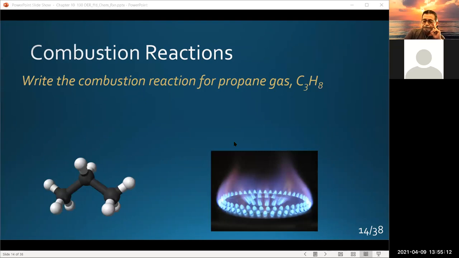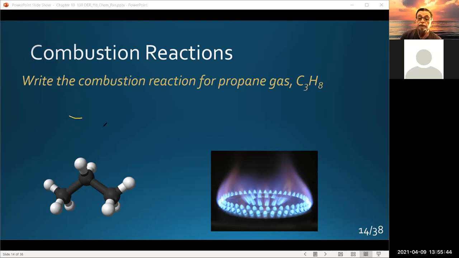Combustion reaction. Here we have the formula for propane gas. We don't need to know the actual structure. We can simply say that propane contains 3 carbons and 8 hydrogens. Being a hydrocarbon, remember, in combustion reactions we deal only with hydrocarbons and oxygen.